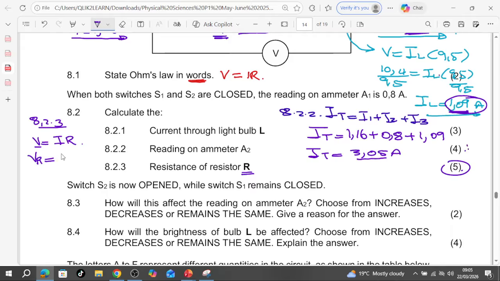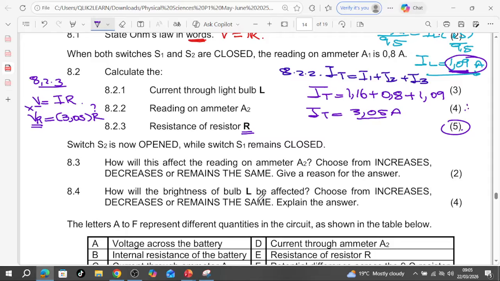So this will be the current of 3.05 times R. We are looking for this. We don't have that, so we need to find the VR. So this is where now we have the direction. Guys, I'm going to squeeze this thing all over the question paper. So how can we find R? What I need you to understand is that we can find the V external.